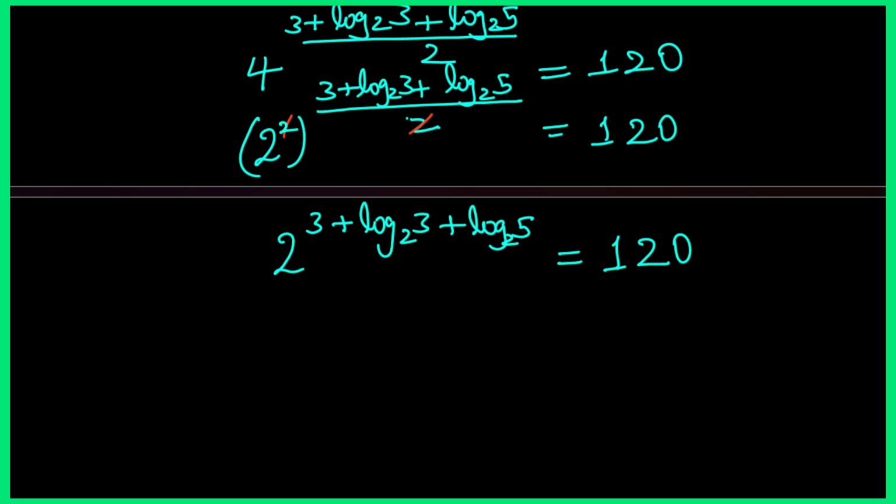Now we know that a raised to power m plus n can be written as a^m times a^n.